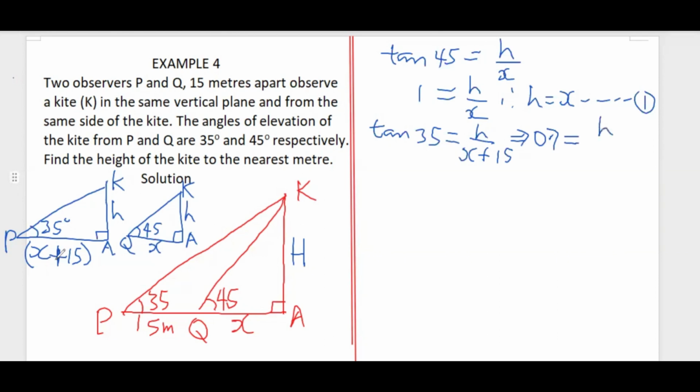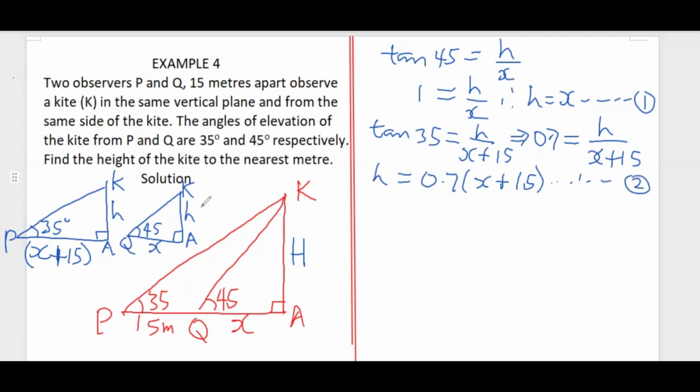I press the values of trigonometry to 4 decimal places, and because I have 2 zeros, that's why I just ignore it. So we have X plus 15. We cross multiply here and make H the subject, as we have in equation 1. So we have 0.7 multiplied by X plus 15, and we can conveniently call this equation 2.